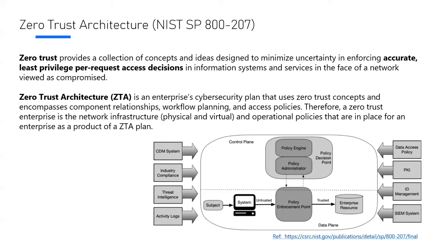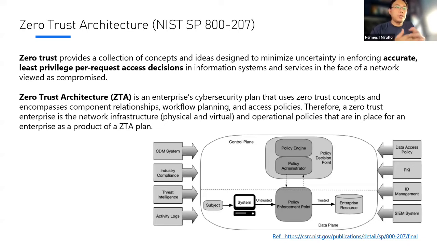So the policy engine contains all of the rules. Policy administrator will be the one implementing or enforcing the permission, either allow or deny. And then those information coming from the policy engine and coming from the policy administrator will then be used to come up with a policy decision point, right?